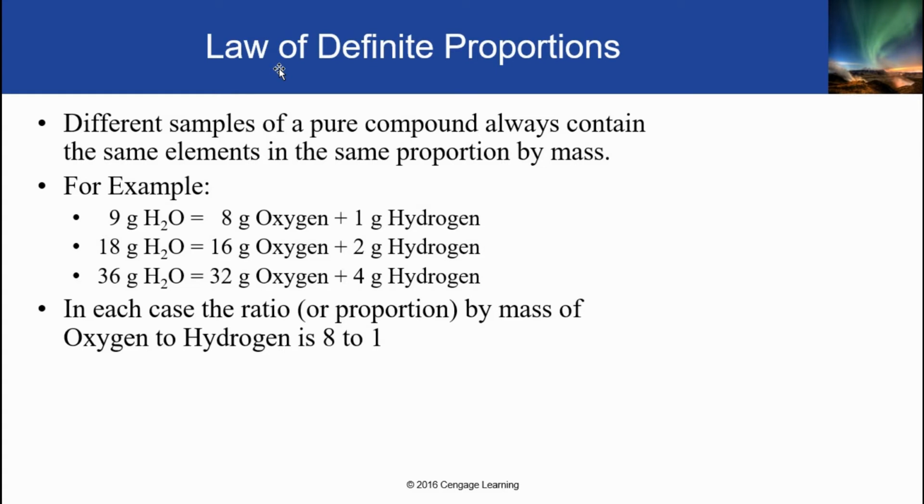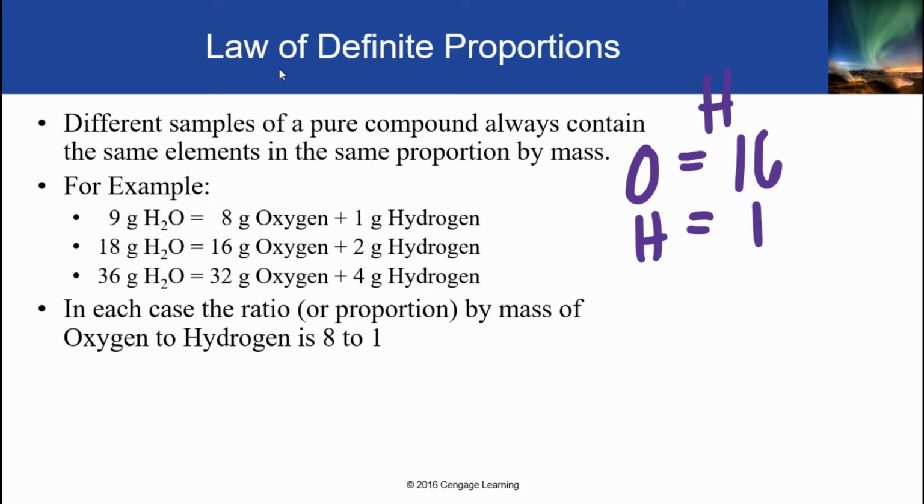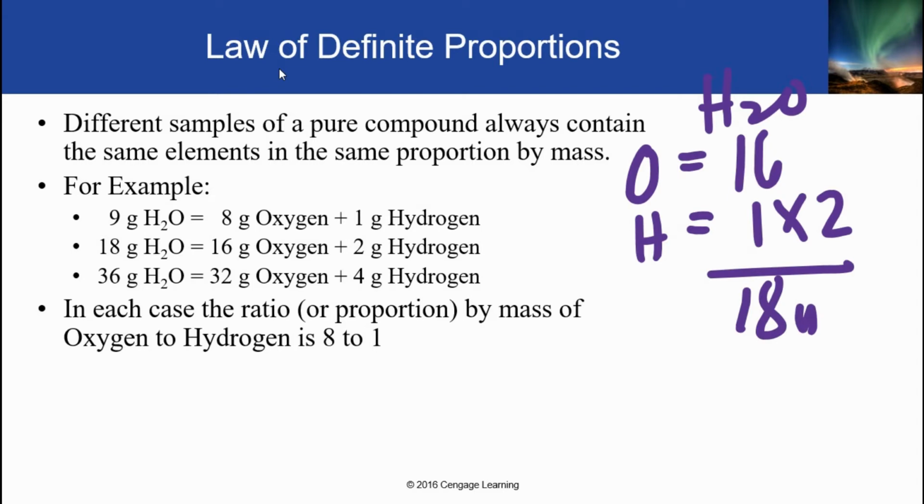So pag tinignan natin yung formula mass ng H2O, we have oxygen, which is equivalent to 16, and then hydrogen, which is equivalent to 1, pero H2O siya, meron siyang dalawang hydrogen, so times 2. So we will have 18 units.